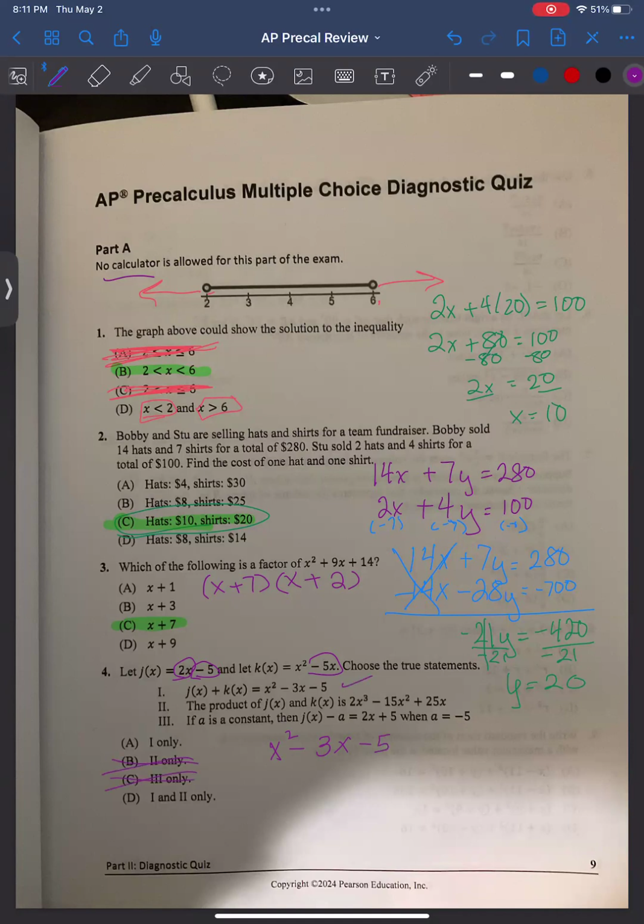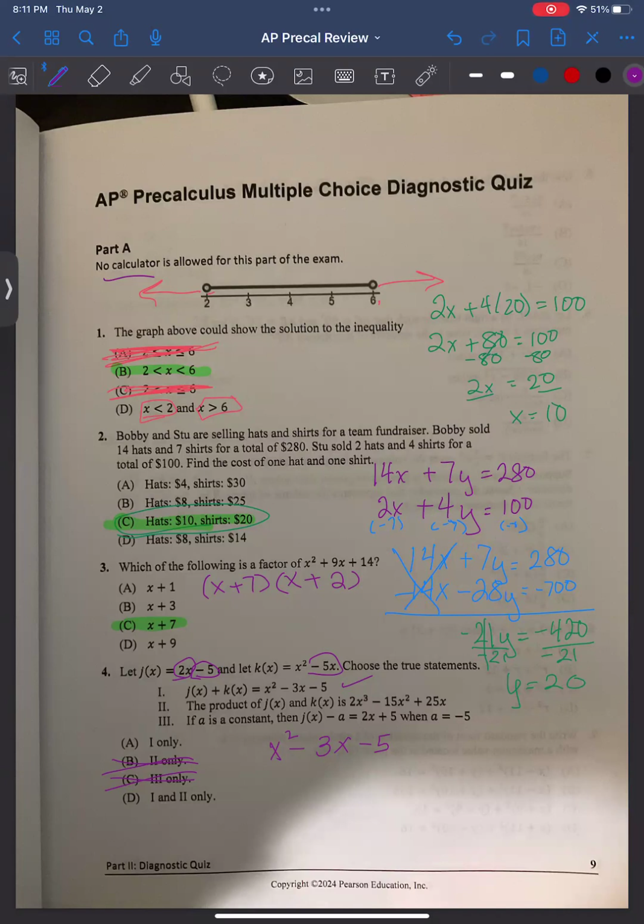That leaves A and D. If 2 is true, I don't even care what number 3 says, because if 2 is true it's D. If it's not true, it's A.